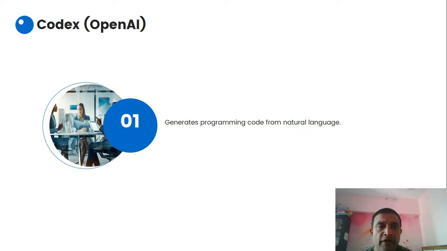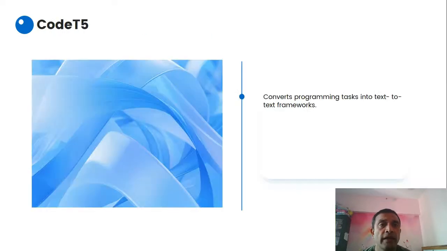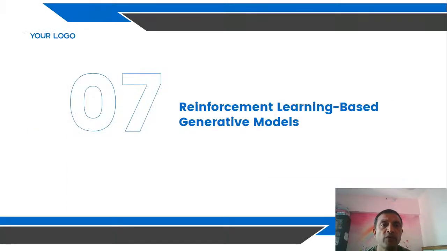Correct. Now, AlphaCode, DeepMind, designed to solve programming challenges. That is another type of model which helps you solve the challenges, right? So programming challenges can also be solved by AI, right? CodeT5 converts programming tasks into a text to text framework, right? So this is another type of model here, right?